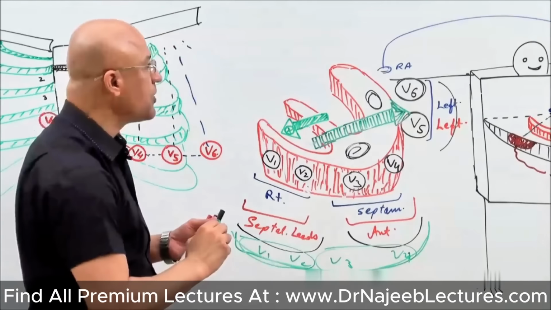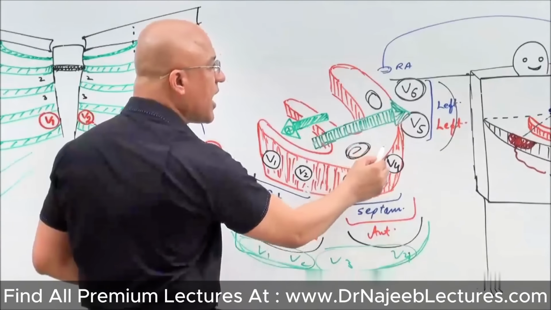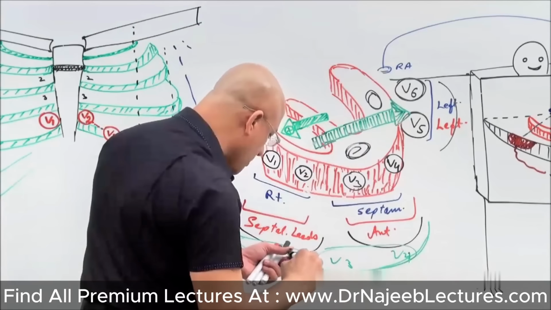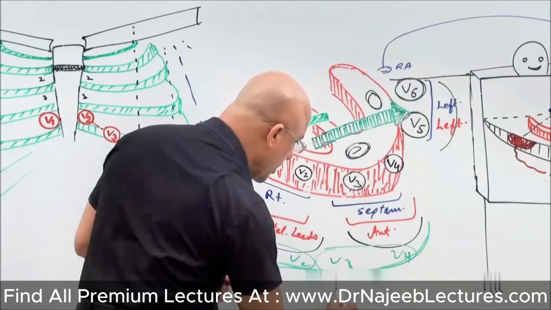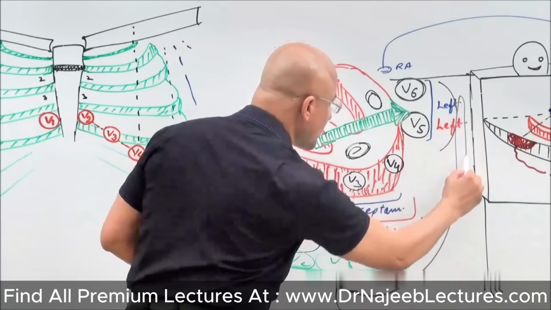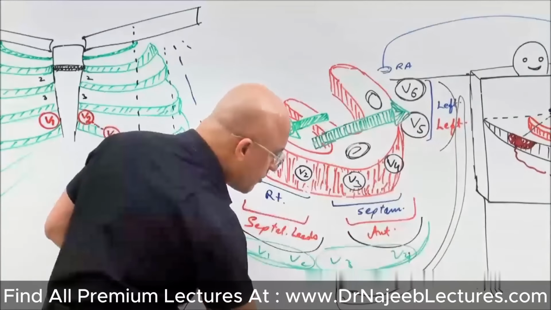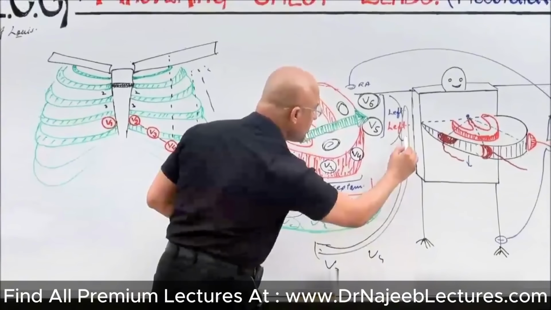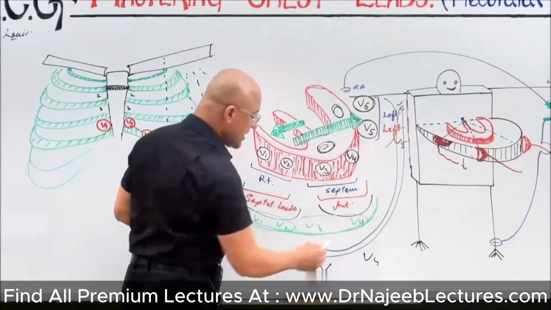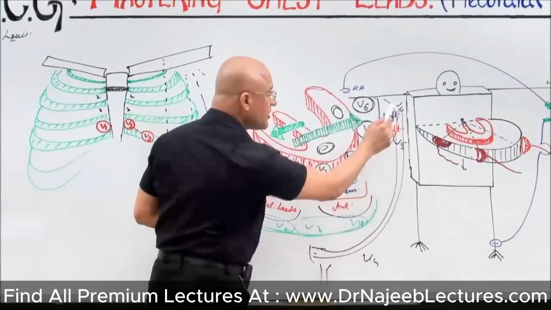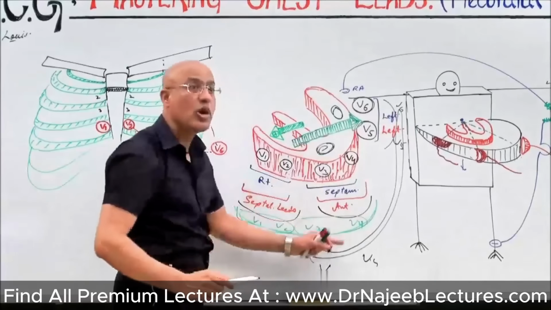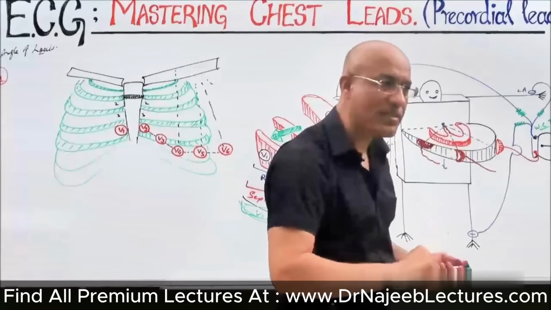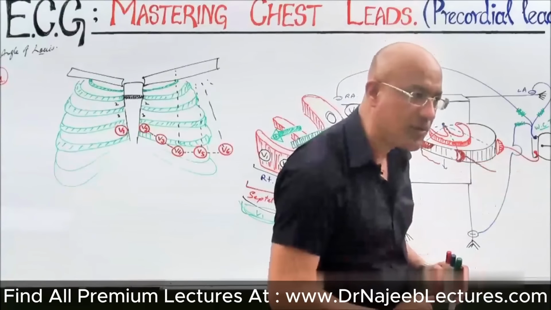And if infarction is in the anterior part and extends laterally too, then it will show changes in V3, V4, V5 and V6. V3, 4, 5 and 6 are called anterolateral leads. If infarction is shown in these leads, we say there is anterolateral infarction.